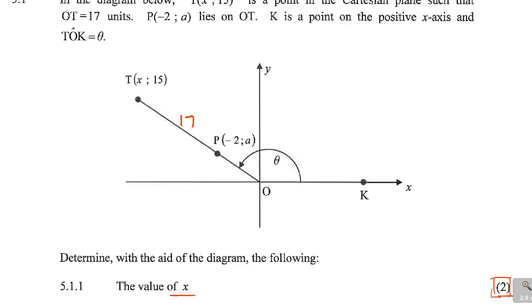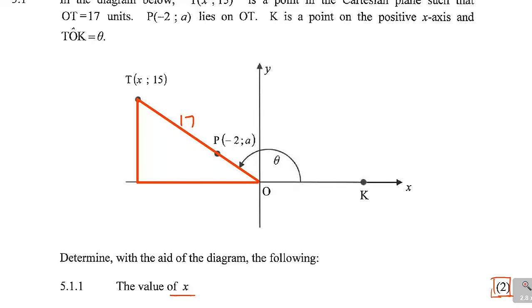Now if I want to find the value of x in this case, what I need to do is complete my triangle here, just to have it as a full triangle like this.